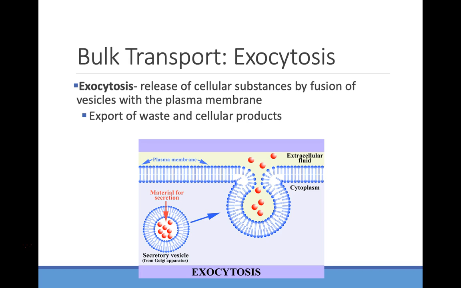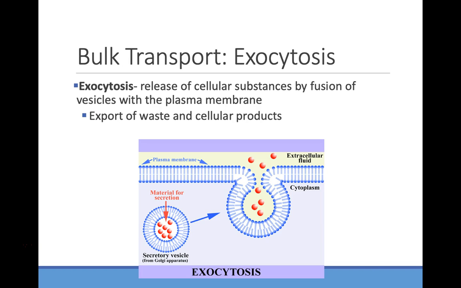So in chapter 4, we talked about vesicles. Vesicles are a little pocket or package of phospholipid membranes that move products throughout the cell. In the process of exocytosis, those membranes are going to move, in this example from the Golgi apparatus, to the plasma membrane, and they're going to fuse with that plasma membrane.